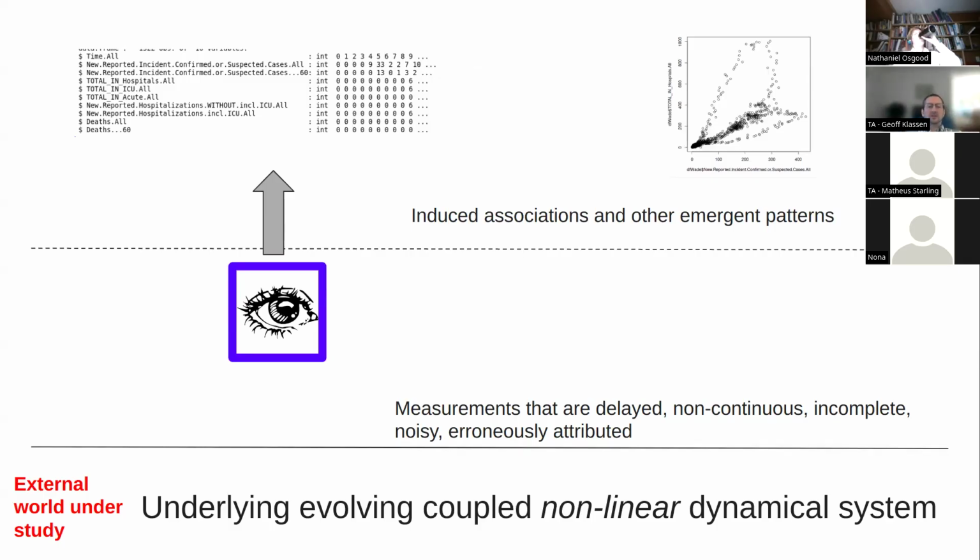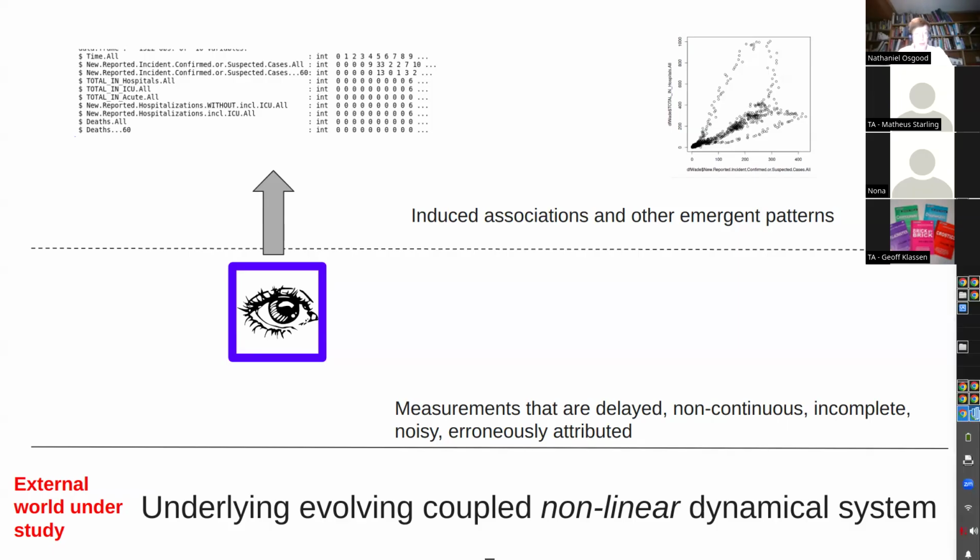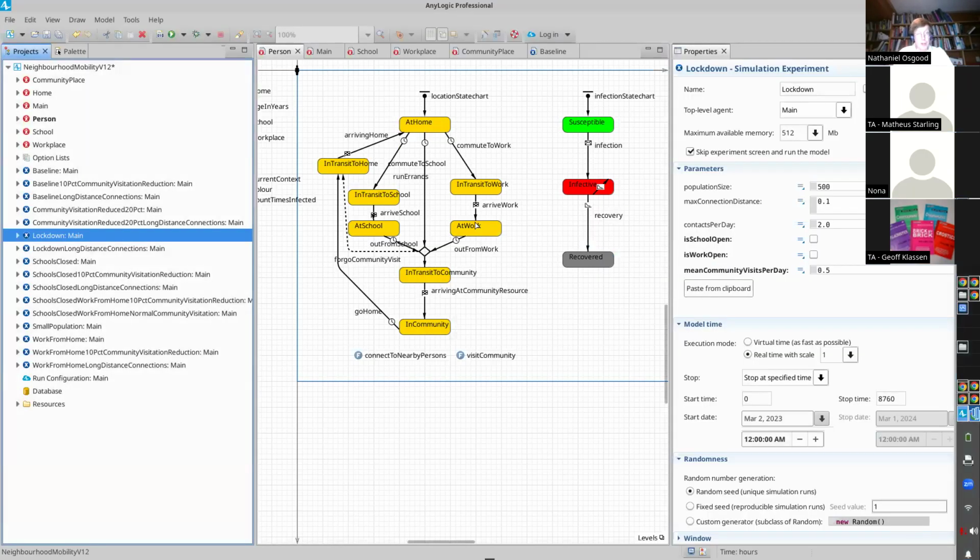So the picture here is of an underlying evolving coupled nonlinear dynamical system. I know it's a mouthful. The world is complex. It's an underlying system where different pieces interact and are coupled, what someone spreads in terms of infection here is a reflection partly of their location.